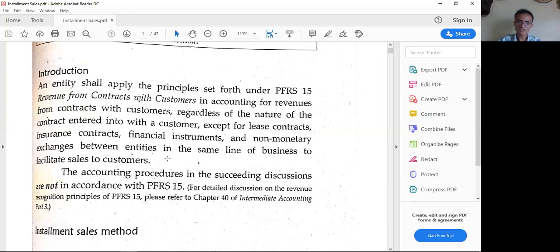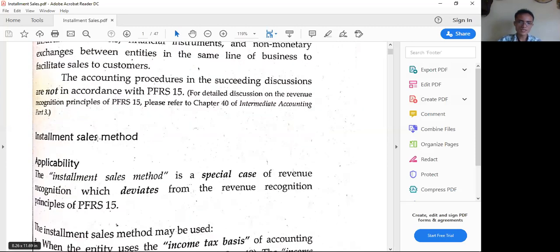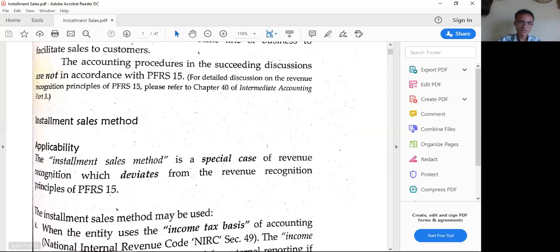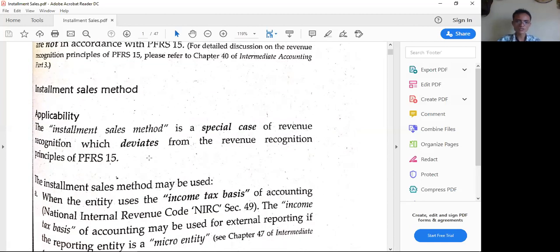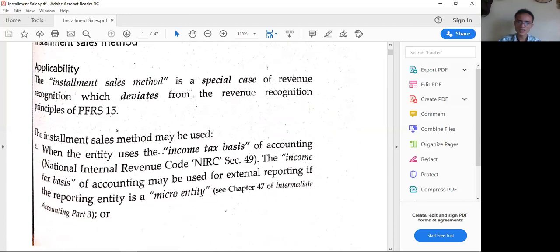So I said deviations. Installment sales method for a special type of sale is a deviation from the revenue recognition principles of PFRS 15. As said, deviates means we depart. So it departs from, ignores, and disregards the revenue recognition principles of PFRS 15.